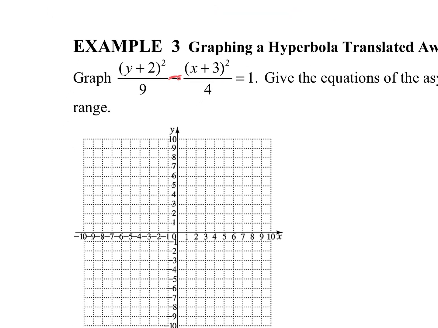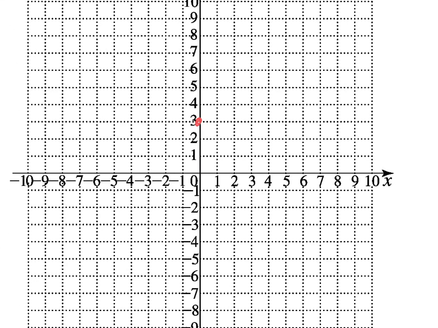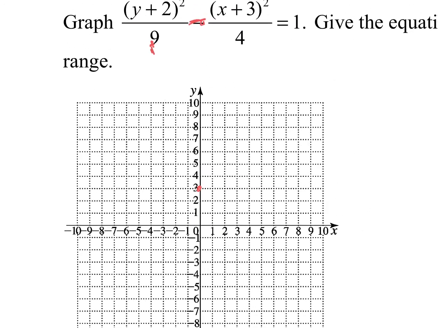And as I said, I may as well try to draw my rectangle. And the y has 9 down here. So the y is going to be up here at 3 and negative 3. Wait, I got to get the center. Hello.